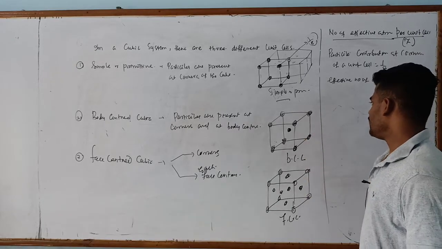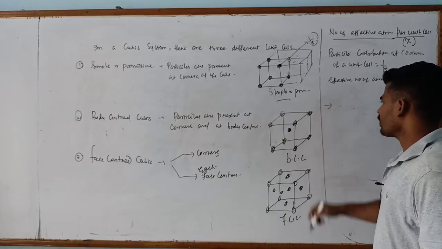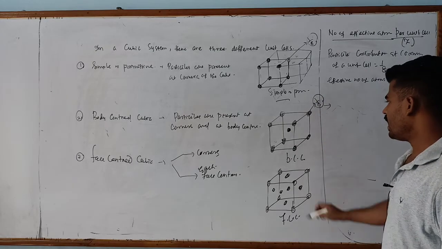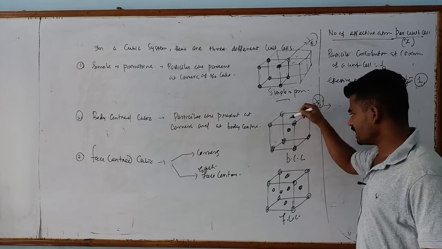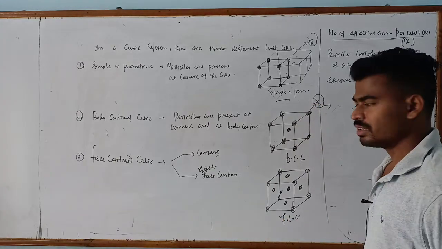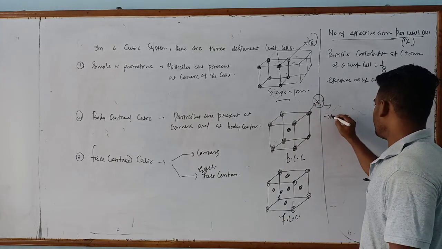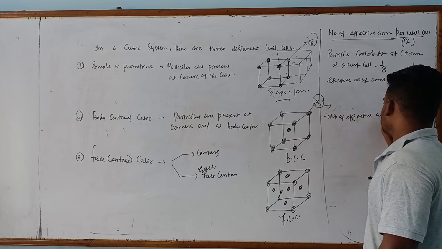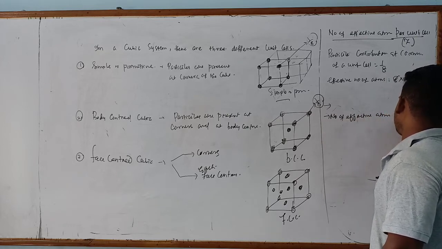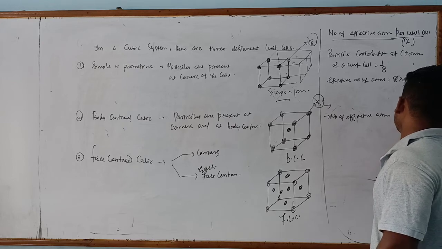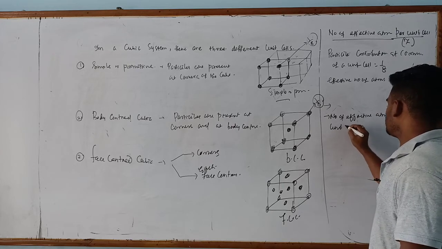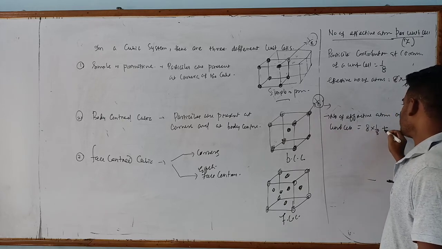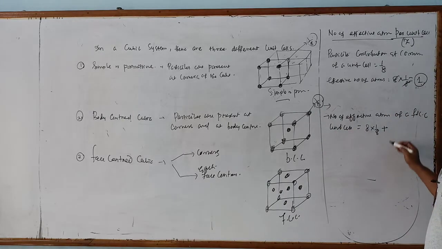Then here you tell me again. The corner particle contribution is 1 by 8, and the particle present at the center of the cube, its contribution is 1. Is that clear? So the number of effective atoms of a BCC unit cell will be 8 into 1 by 8, the contribution due to corners, plus 1 present at the center.